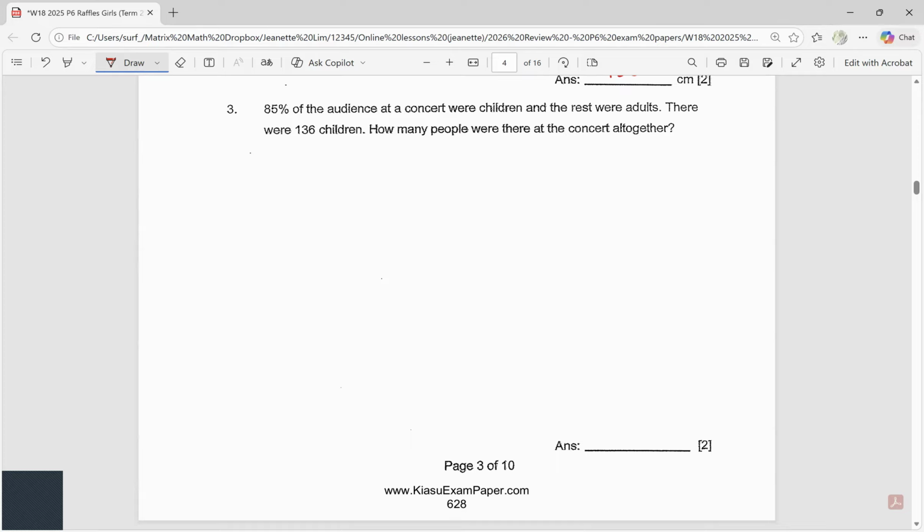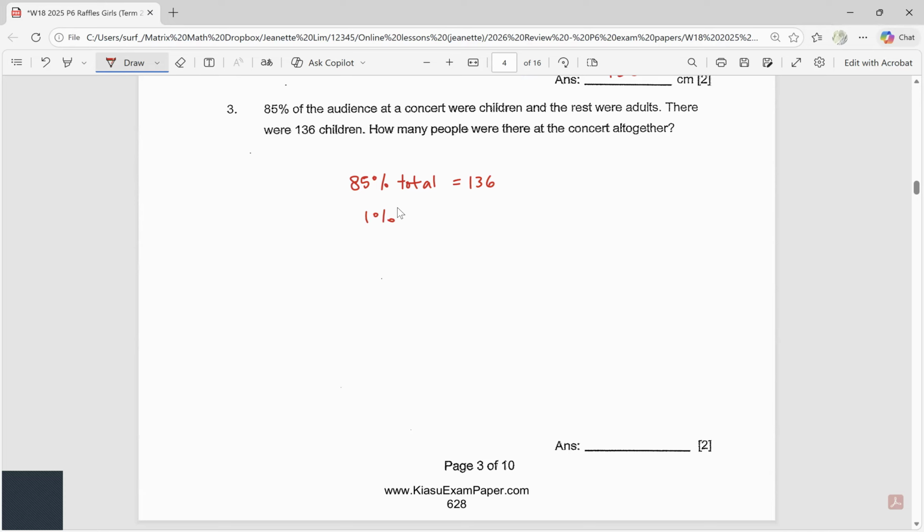Question 3, 85% of the audience at a concert were children and the rest were adults. There were 136 children. How many people were there? Okay, if 136 is the number of children, that would be 85%. So 85% of your total is 136.